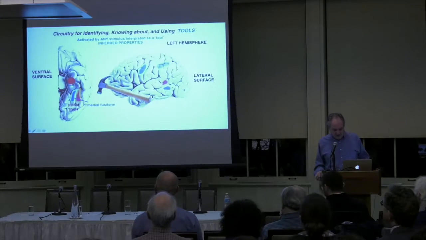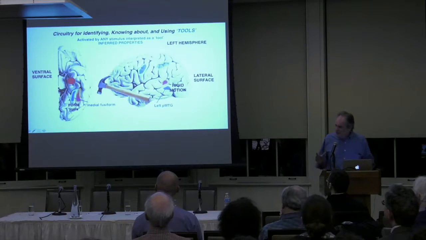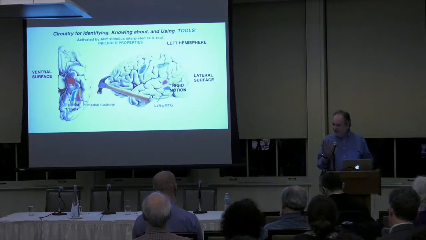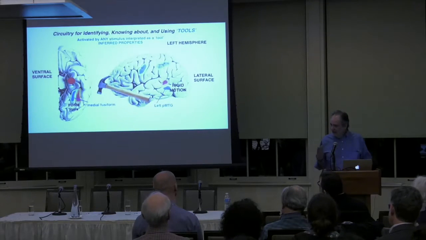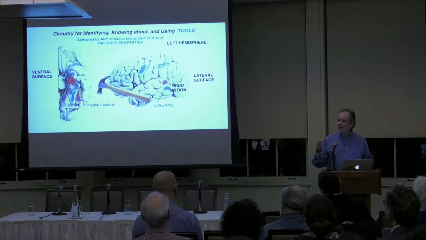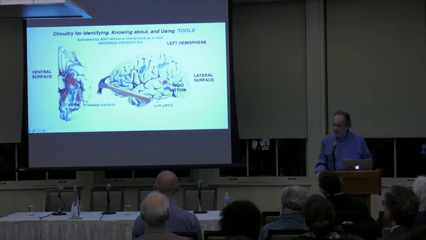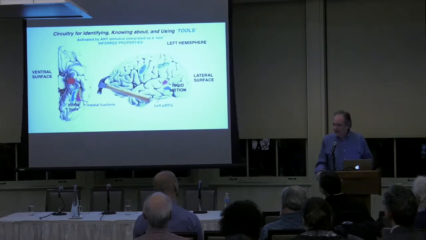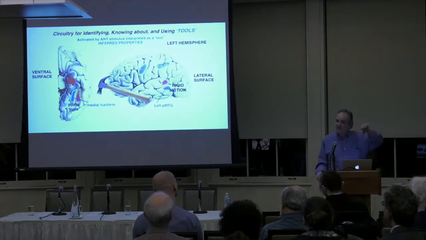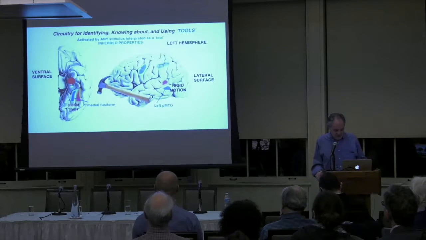And along this lateral surface is where we represent the motion of objects. And again, in this blue area, it's not simply the motion of any object, but it's the rigid, unarticulated motion associated with tools, as opposed to this red area, which is called the superior temporal sulcus, where we represent biological motion, that flexible, fully articulated motion that defines the way we move through the world.